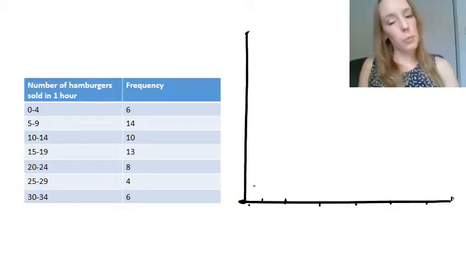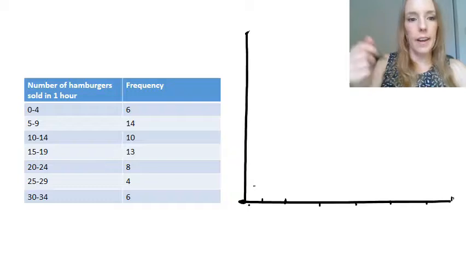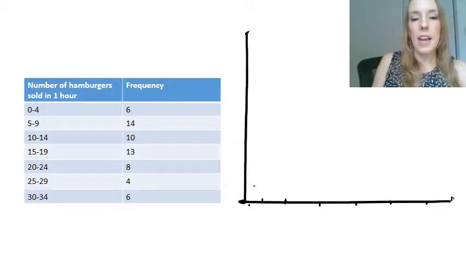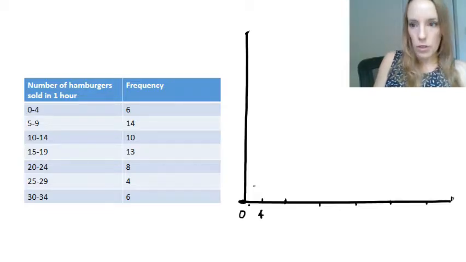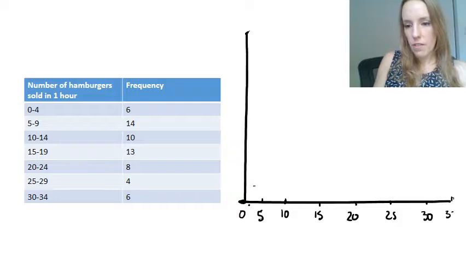So they'll be evenly spread, unlike mine, which obviously, again, I've run out of space. So evenly spread. So we'll have 0, 4. No, we will not have 4, we'll have 5. 0, 5, 10, 15, 20, 25, 30, 35.